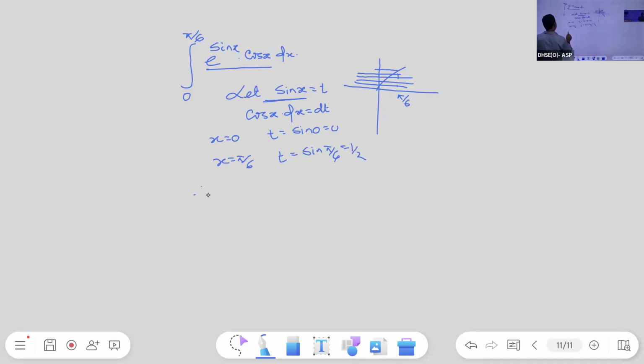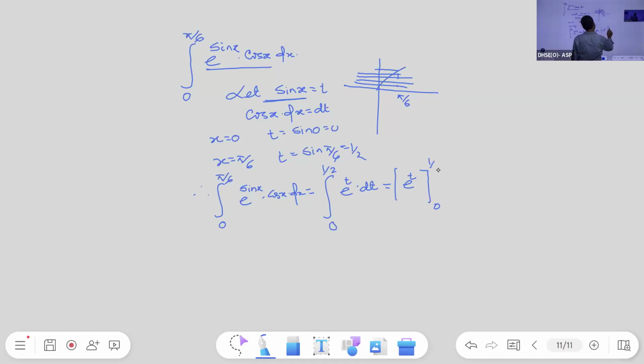Thus, we can write integral 0 to pi over 6 e power sin x cos x dx equals integral 0 to half e power t dt. You know, indefinite integral e power x is e power x. This is equal to e power t, limit 0 to half. This is equal to e power half minus e power 0. E power half minus 1.